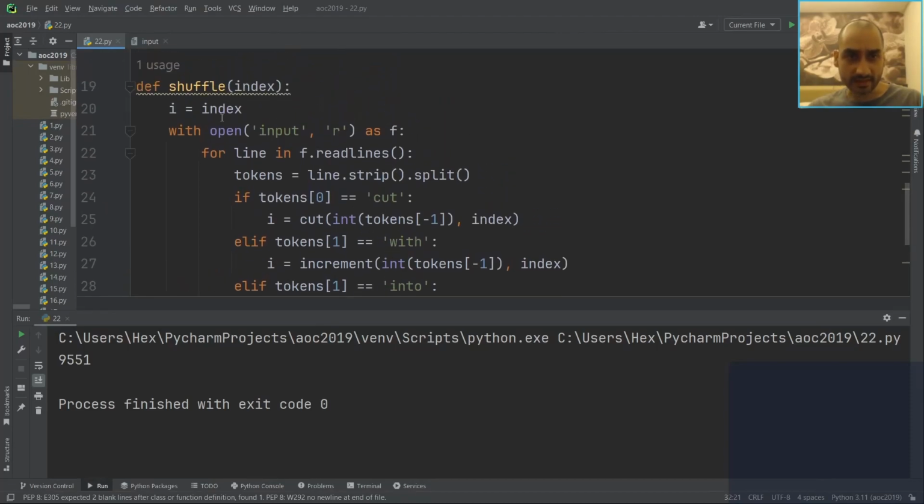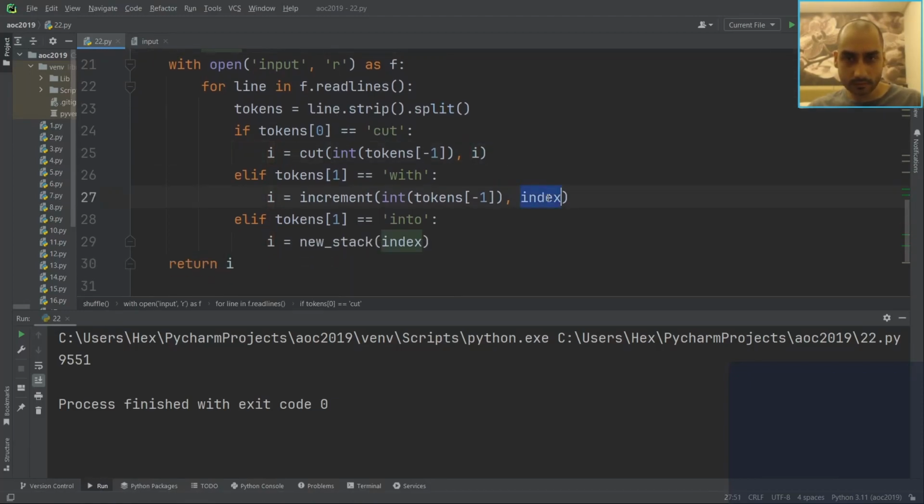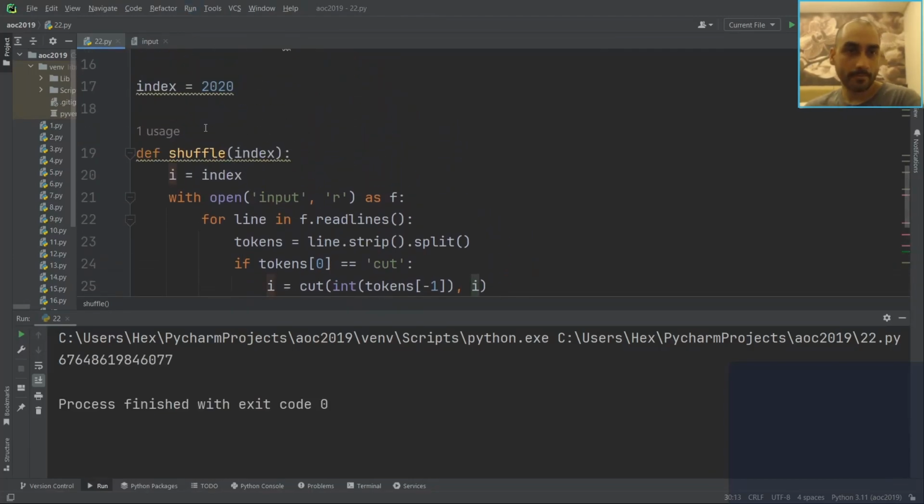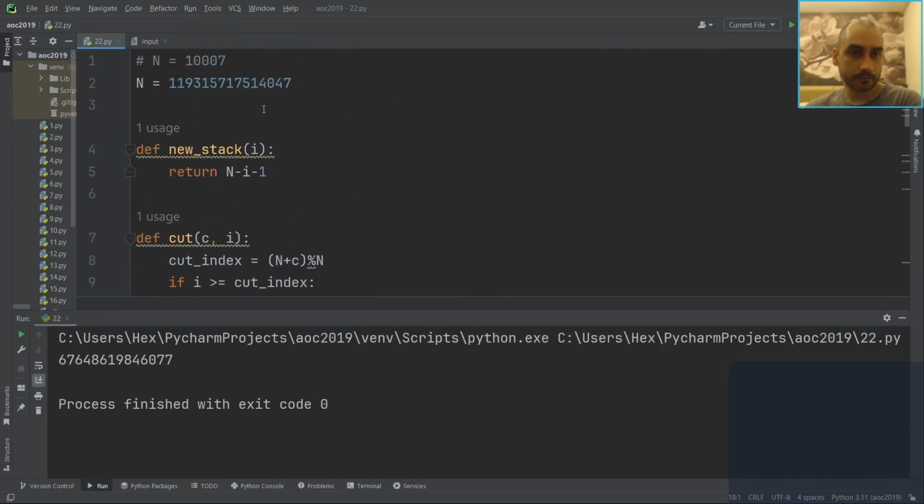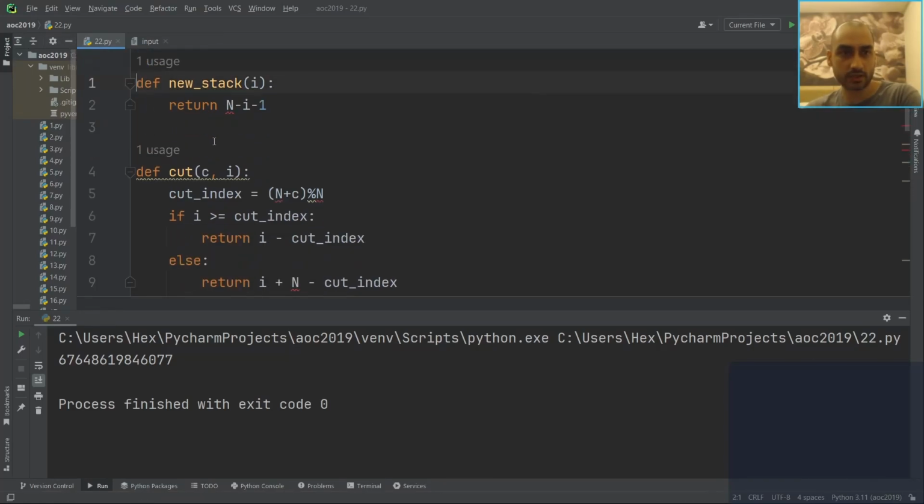Ah, no, index and I. There we go. Okay. So just move all this stuff around. So put these at the top. Okay.